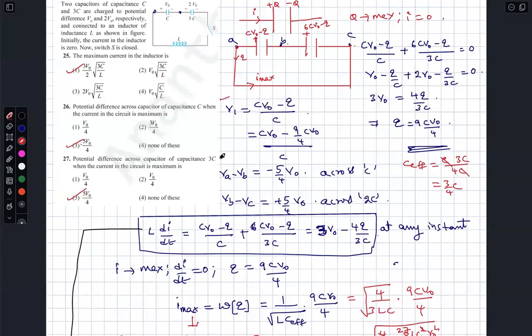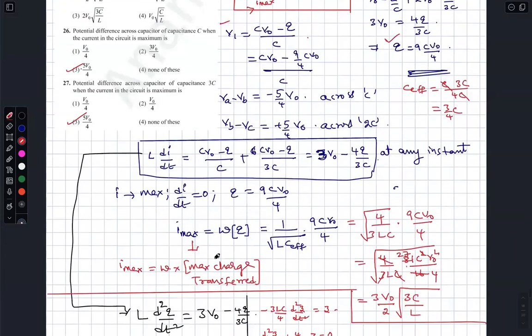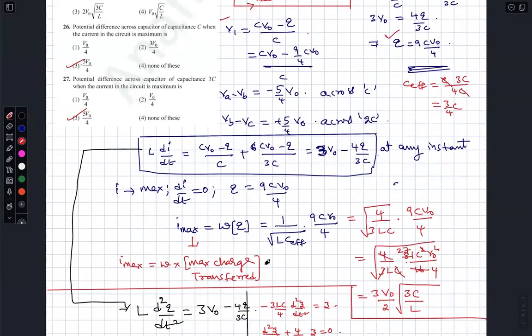Two, identify the maximum charge transferred. You have done that. So maximum current is omega times maximum charge transferred. This is the concept I have introduced now. Only till this point I would like to take the class. Any doubts? Please ask me now.